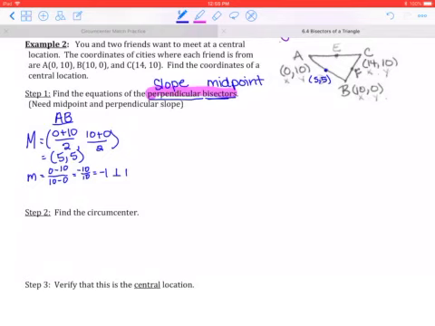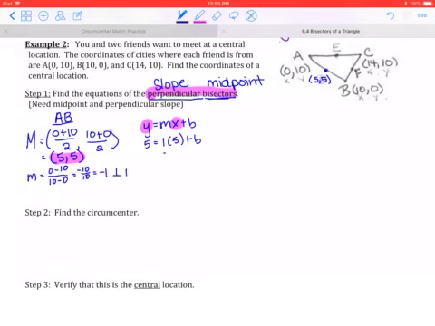So to write the equation of the line, I use y equals mx plus b, and I plug in the things that I know. So the x and y value, those are coming from the midpoint here. That's what I'm going to plug in for x and y. And then I'm going to use my slope I just found of positive 1, that perpendicular slope. So I'm going to plug these things in to find my y-intercept.